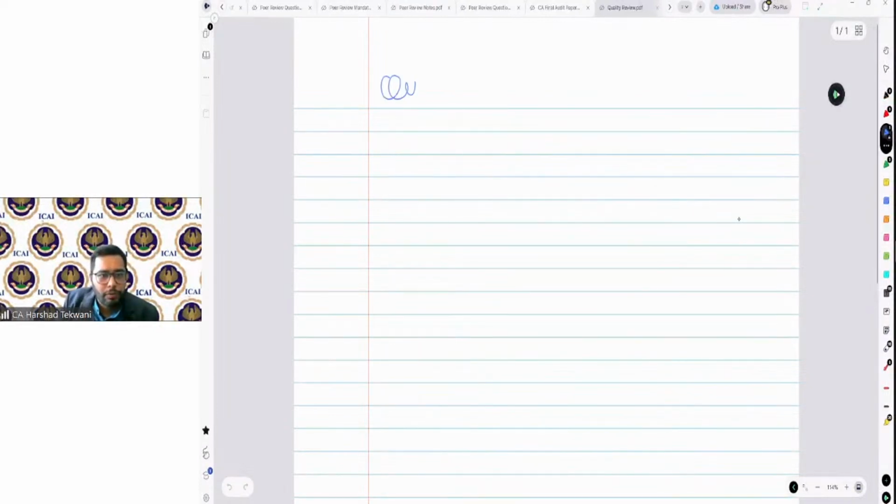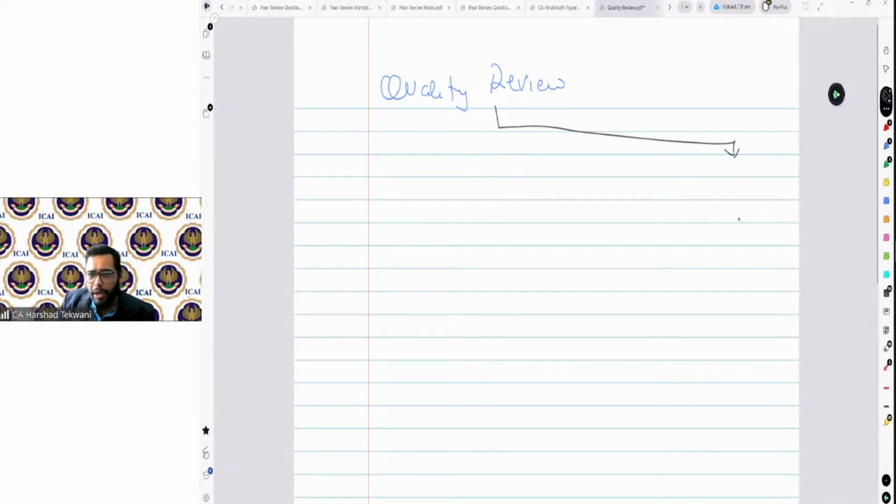So what is quality review? How is it different from peer review, and what are the provisions for quality review, from where is it coming?